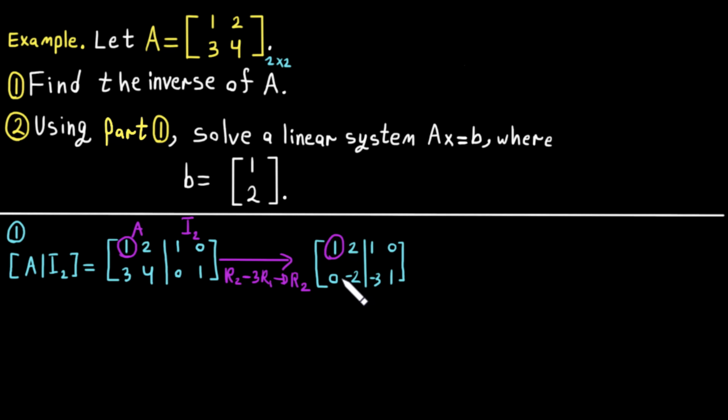Because, for example, if you make this one 1 first, then you have to divide by negative 2. So here it will be 0, here 1, here since you divide by negative 2 it will be 3 over 2, and here you will get 1 divided by negative 2. Of course, we divide the whole row by negative 2.